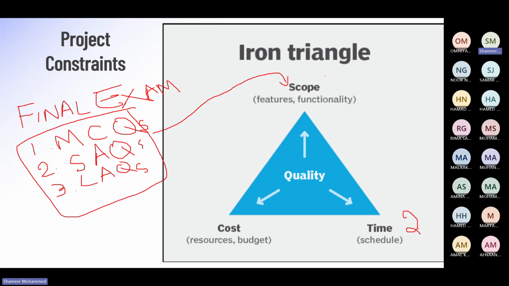And time, how much time you have to complete that project? 2 hours. And what is the cost? Cost yani money. But for you, cost is nothing but marks, grades. That is nothing but cost.